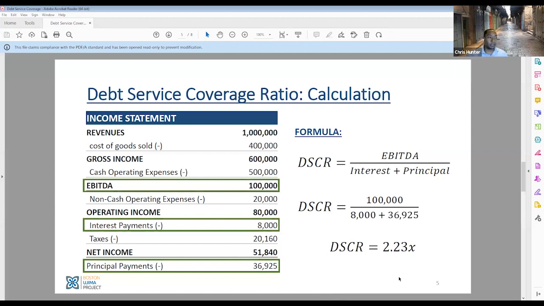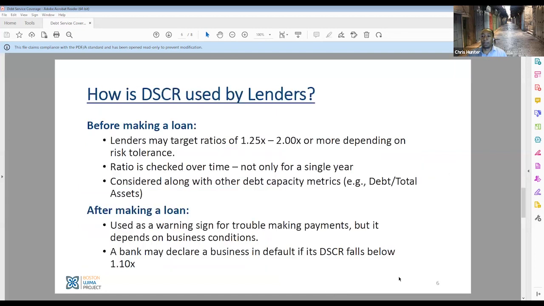And so generally as a lender looking at this, it's to make sure that the business is not going to run out of cash at the end of the year because they're making payments. And so higher is generally better.